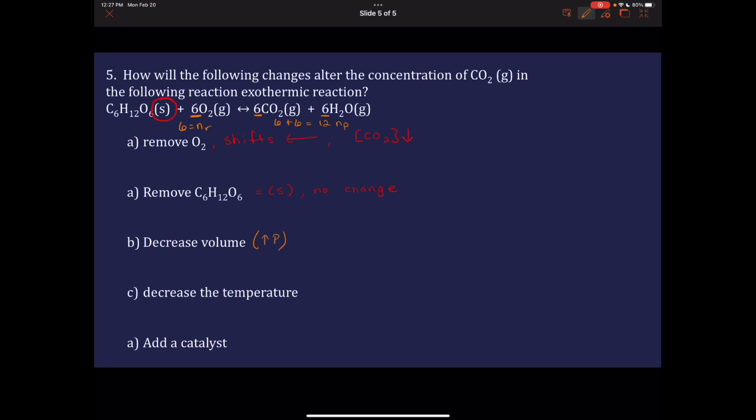So we said if we increase the pressure, we're going to shift to the side with fewer moles. My side with the fewer moles is my reactants. So it shifts in the reverse. So we're making reactant, we're using product, so my carbon dioxide concentration goes down.